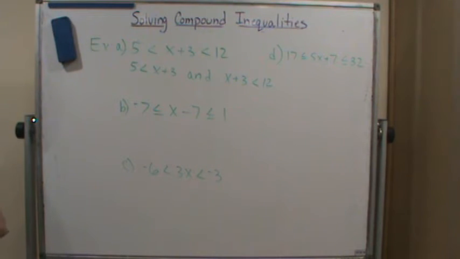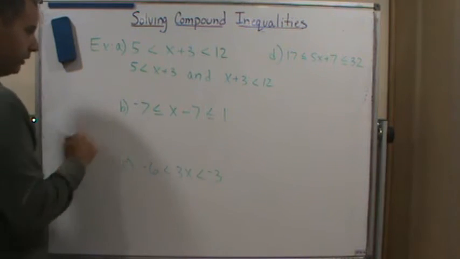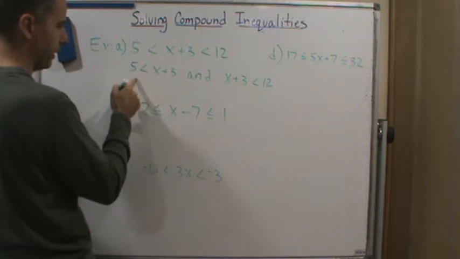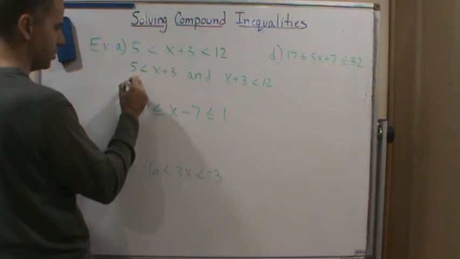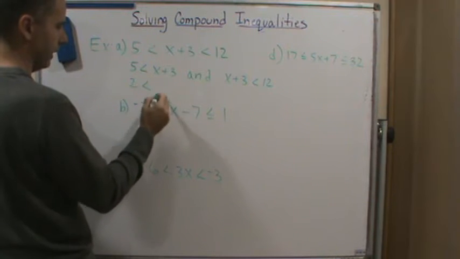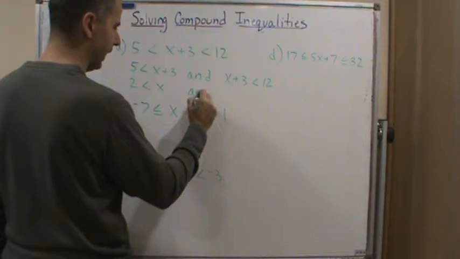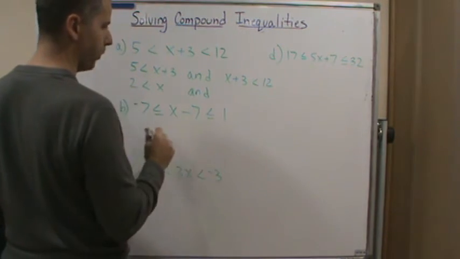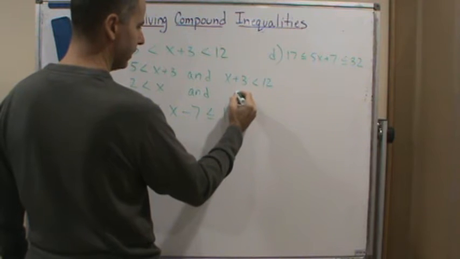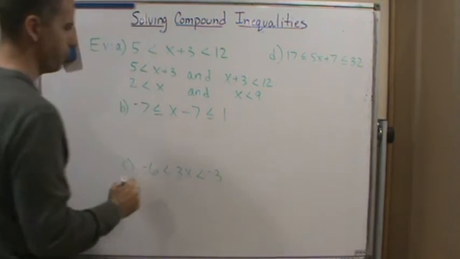Okay? So now, I'm going to solve each of these separately. So that means I'm going to subtract 3 from both sides, and I get what? I get 2 is less than x, and over here, I'm going to subtract 3 from both sides, and I get x is less than what? 9.